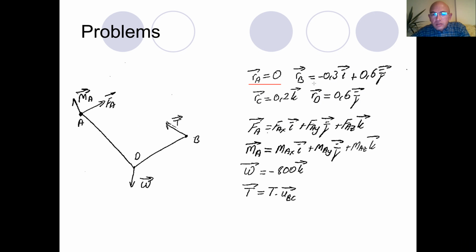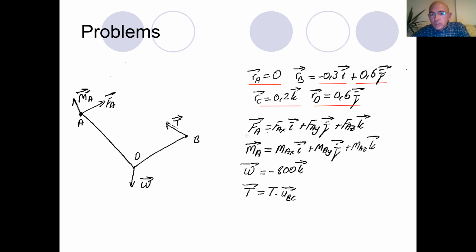Now point B, it is minus 0.3 I vector plus 0.6 J vector. Now next thing is RC. So the position vector of point C, because I need to determine the direction of the tensile force coming from the cable. It is 0.2 K vector, and D, where the weight is hanged, it is 0.6 J vector.